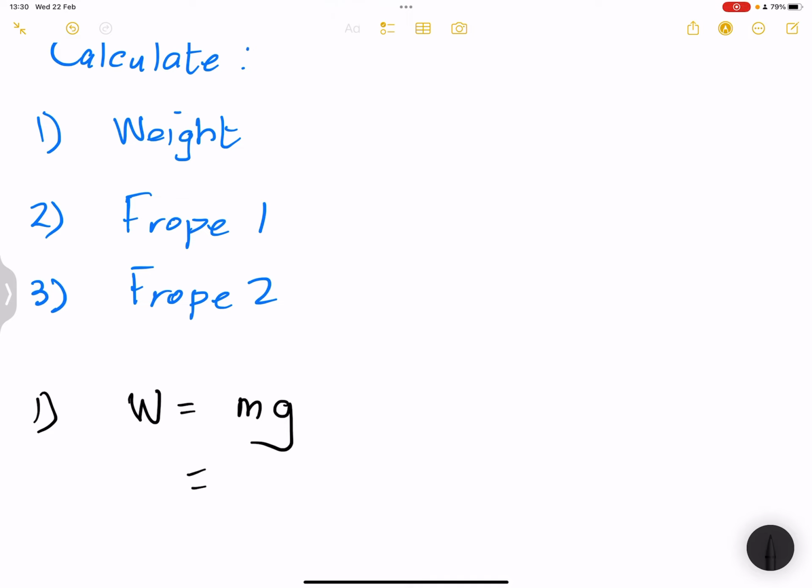So the mass, we said, is 10 kilograms multiplied by, I'm going to use 9.8. That's a given that the gravitational acceleration has a magnitude of 9.8 meters per second squared. Please remember that it remains constant for as long as we are on Earth, or on the surface of the Earth.